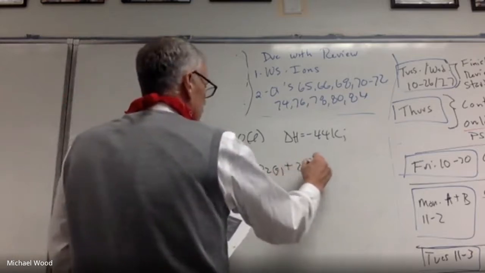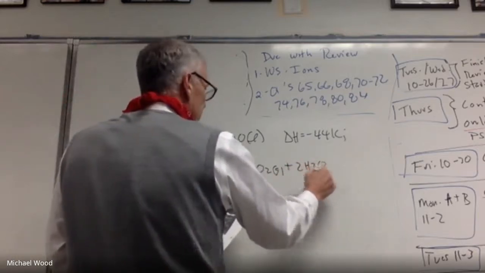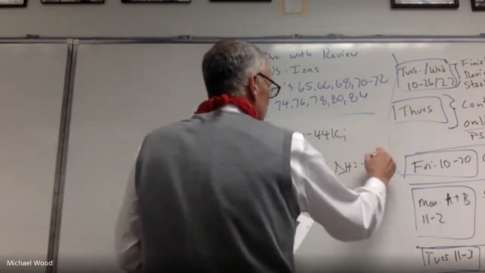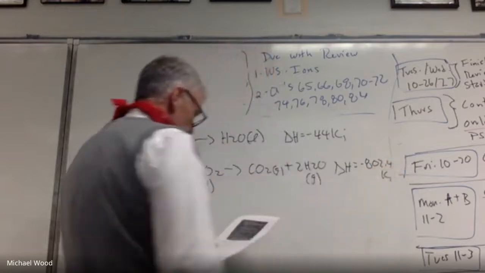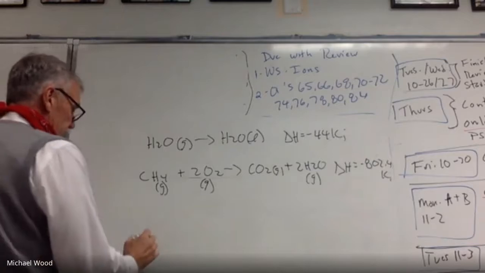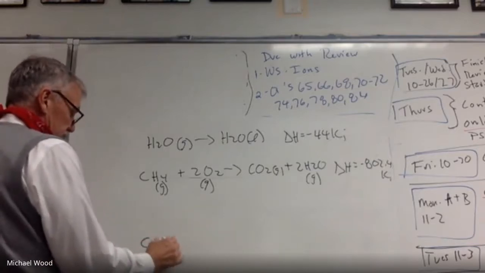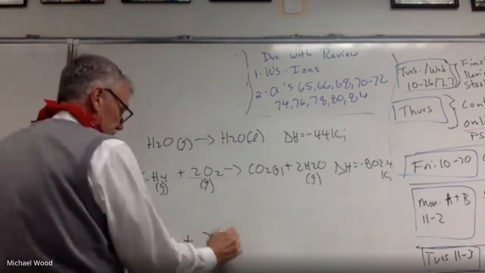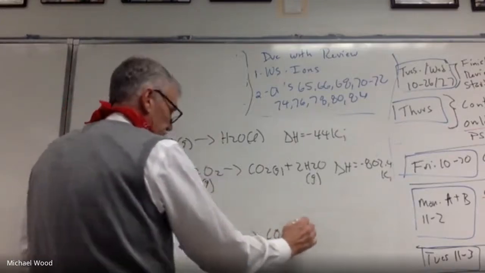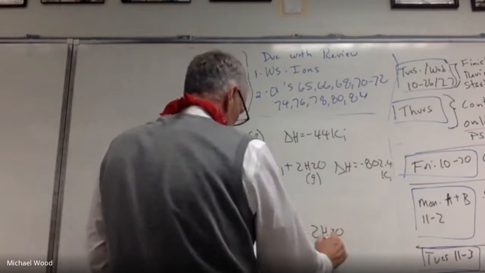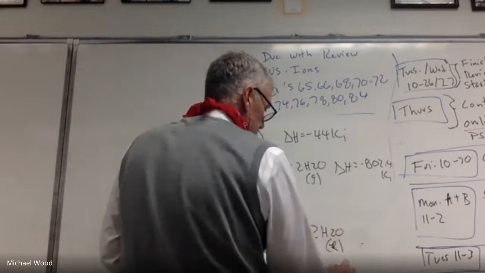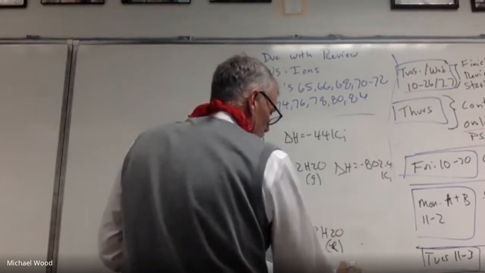Makes 2H2O gas, and the delta H here is negative 802.4. Okay, now what we're trying to get to is this. We want to know the delta H for this. So I'm going to rearrange these equations.